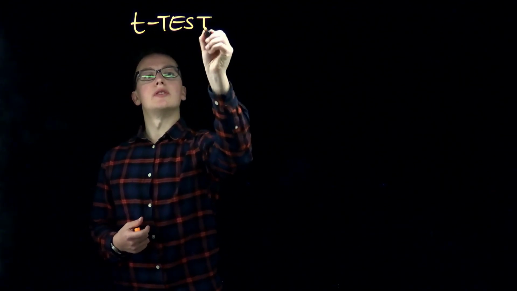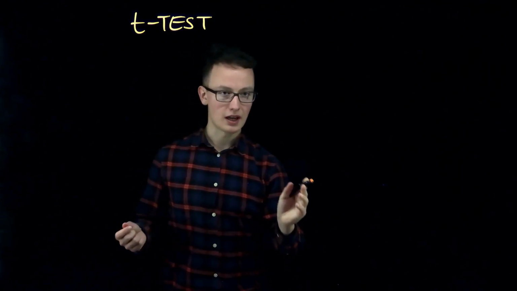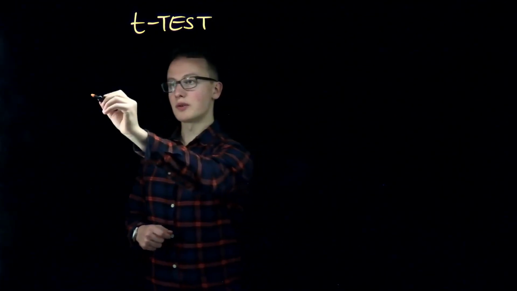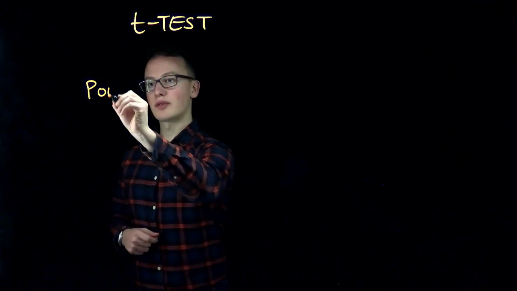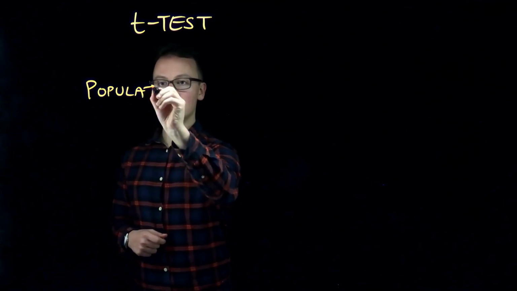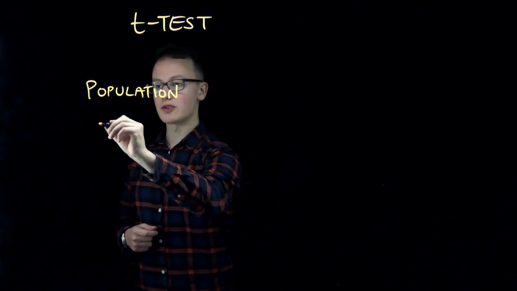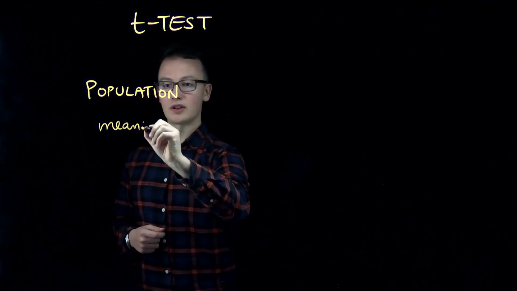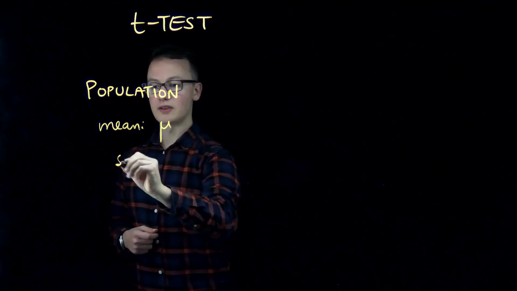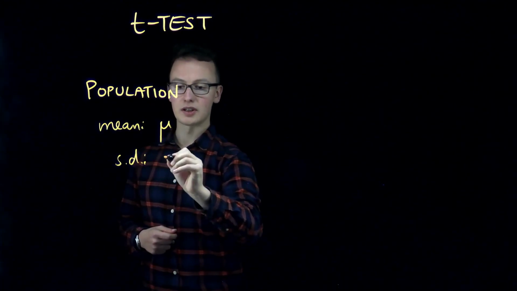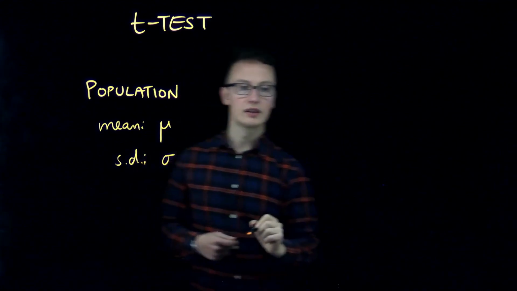First, maybe we should remind ourselves of some notational details. On the one hand, we have things related to the population, for example parameters like the population mean, which we denote as mu, and the population standard deviation, which we denote as sigma.